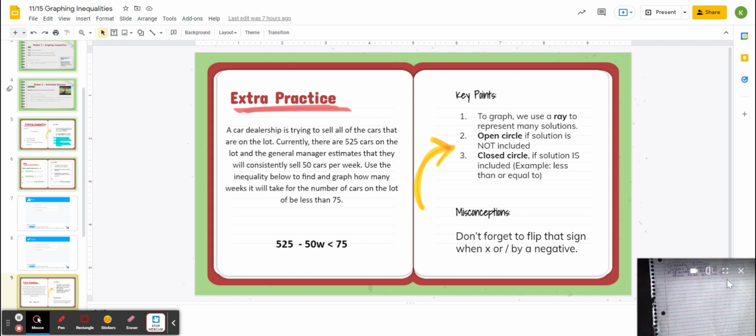Here we're going to use our notes. I'm going to move my screen to my notes, and you're going to see me write this down.